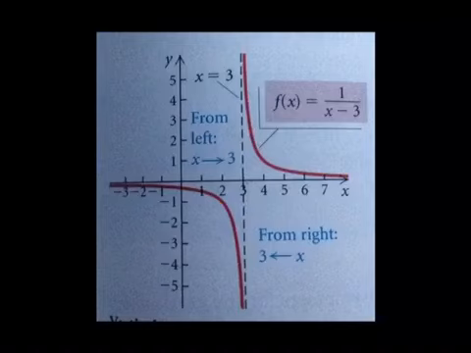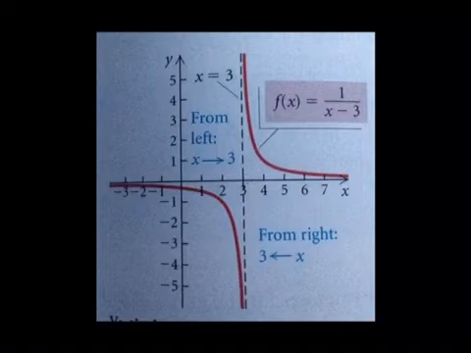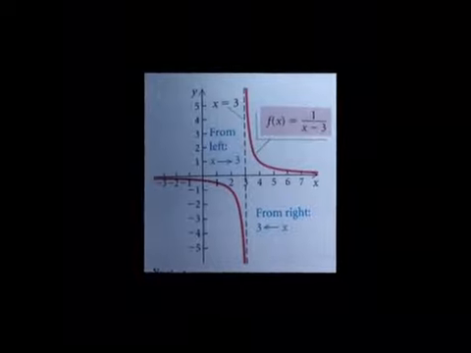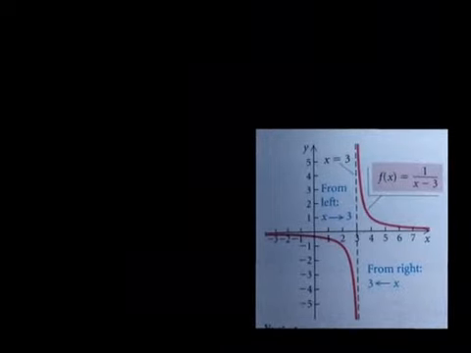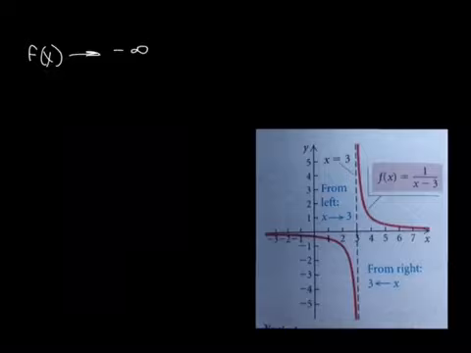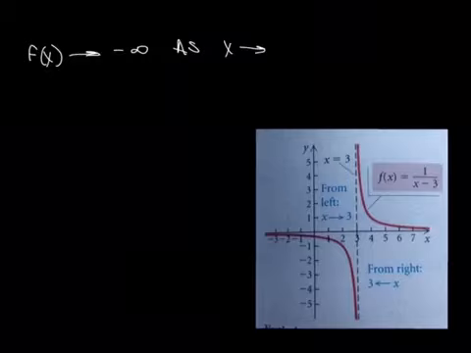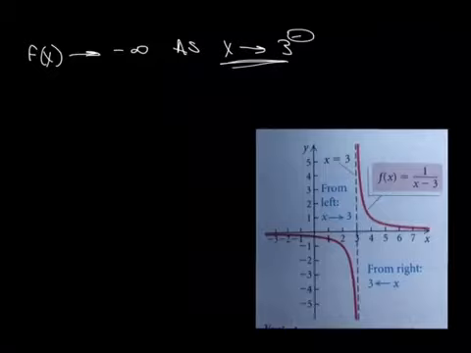So there's a way that they write this. They will write, let me make this smaller here, I want to keep this here, f of x approaches negative infinity as x approaches 3 minus. This means x approaches 3 from the negative direction.